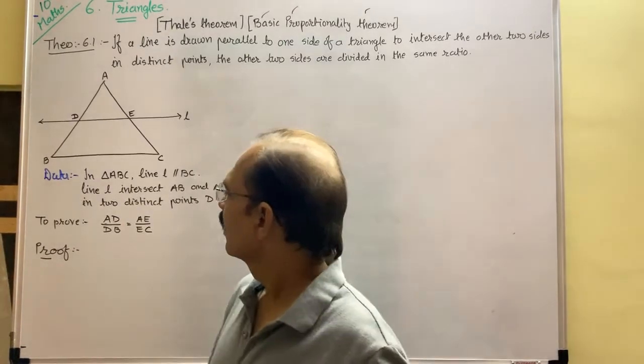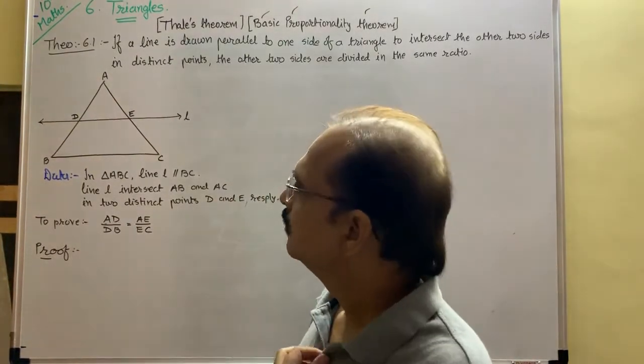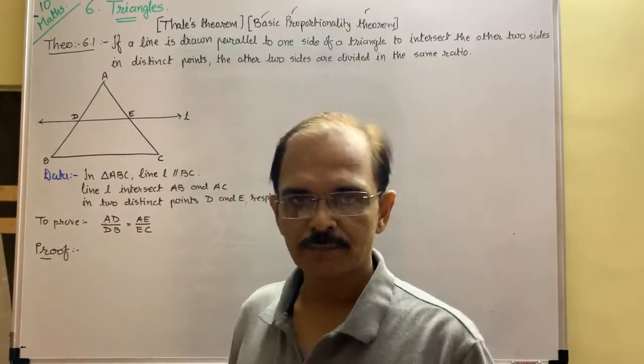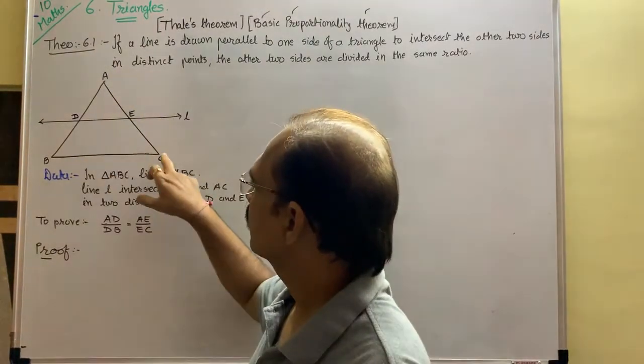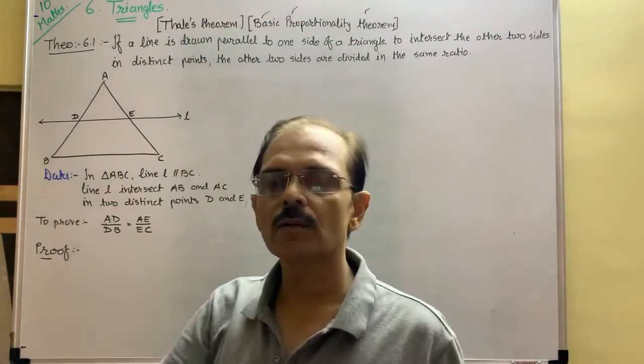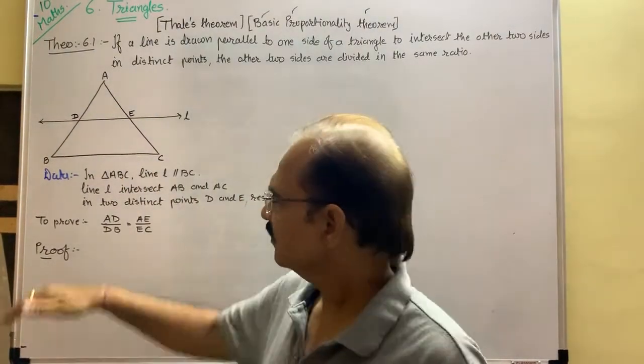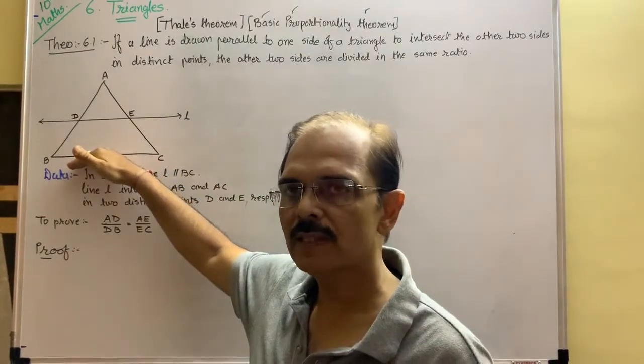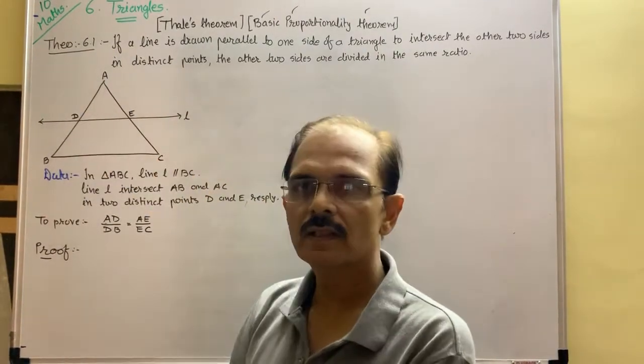Is it okay? Now see, again I repeat the concept. Triangle ABC is given, line L is given in the plane of triangle ABC. Line L is parallel to one side of the triangle. We select BC, means L is parallel to BC.